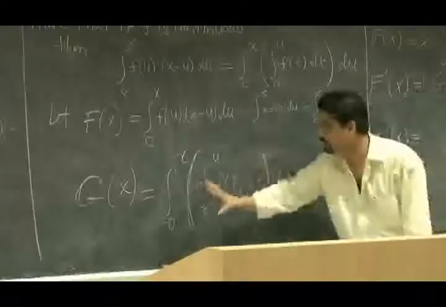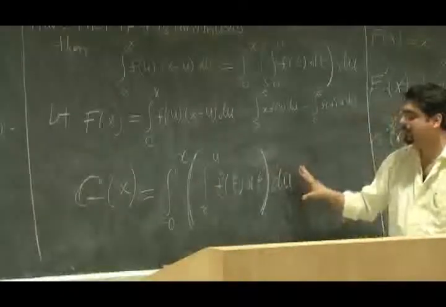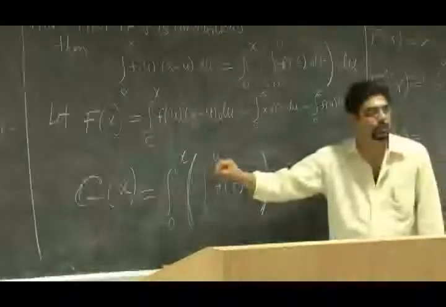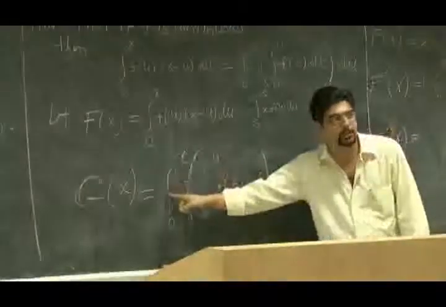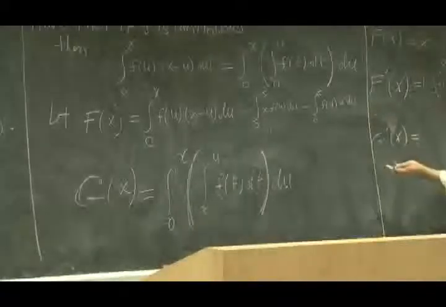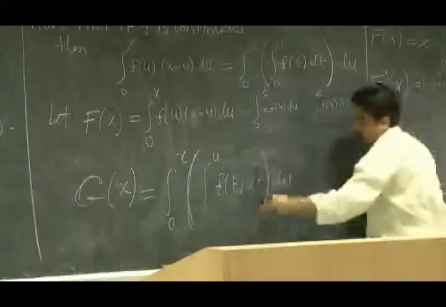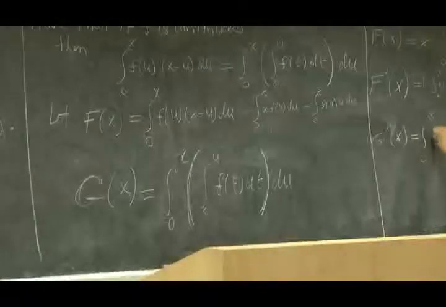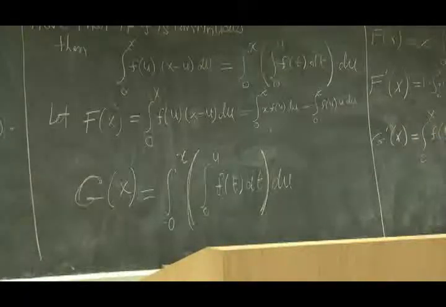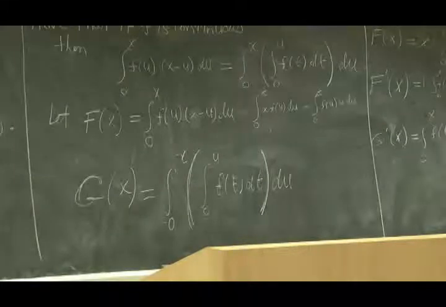So if I were to take the derivative of this, I would basically just replace u by x and drop this integral sign. Yes? Great. So drop the integral sign and in the parentheses replace u with x. That's it. Okay? Does that make sense? It doesn't make sense.